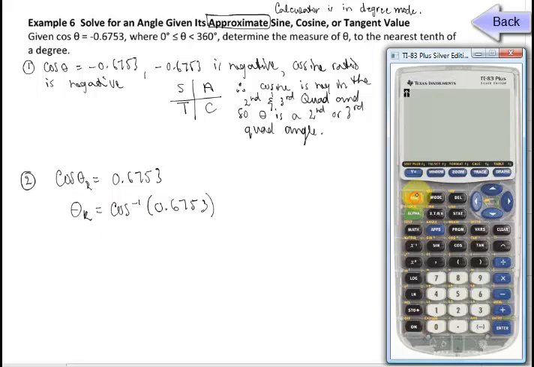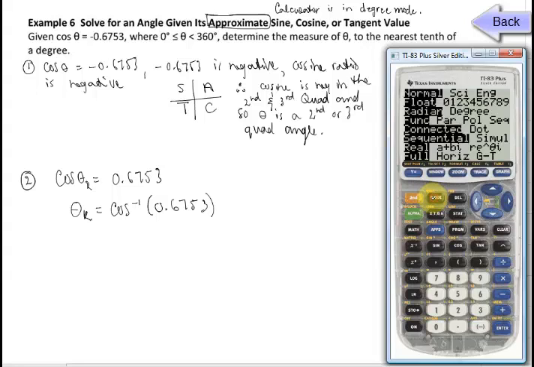We're going to go second cos to get our cos negative 1, and we're going to put in 0.6753 and hit enter. And I can see that my calculator is not in degree mode, so let's do that. I want to go second mode and put my calculator in degree mode.